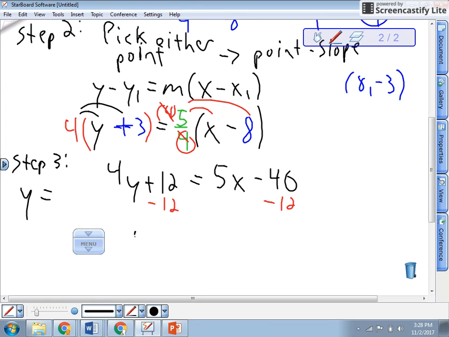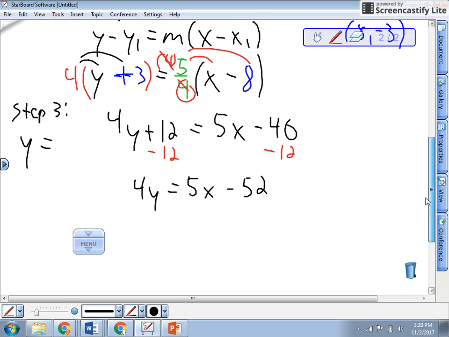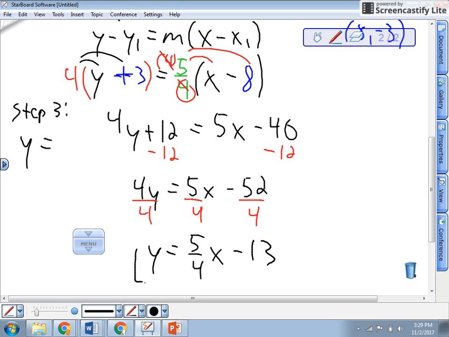So we're going to end up with 4y equals 5x minus 52. 40 plus 12 is 52. And then we're going to divide every term by 4. So when we do that, we're going to get y equals 5/4 x, and then that's minus 13. That's in slope-intercept form. So that's how you use point slope form to get it into slope-intercept form.